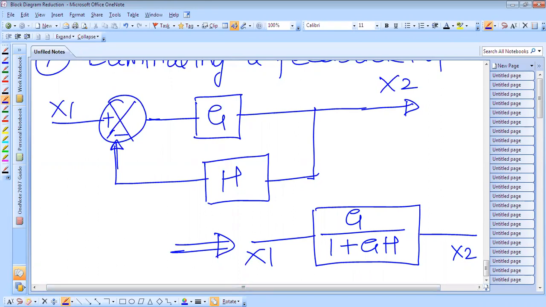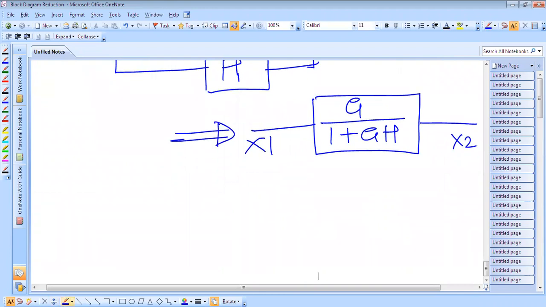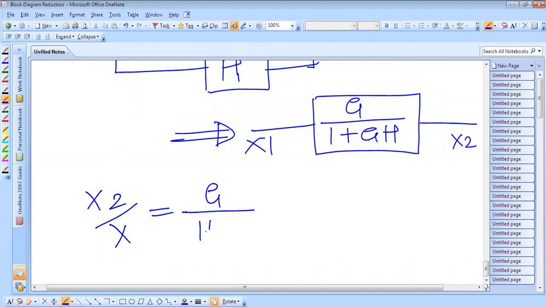This block has the gain G, this block has the feedback gain H. So this is how we can reduce the given blocks into one single block, so that we can arrive at the transfer function. Now if anybody asks you to find the transfer function for this block, then it is x2 by x1, that is G upon 1 plus GH.